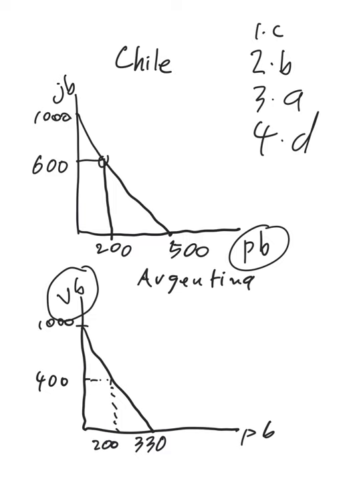By moving along its own production possibility frontier, Chile can get a jelly bean at the sacrifice of half a unit of peanut butter. So in order to induce Chile to buy from Argentina, Argentina must offer Chile a price that's lower than 1/2.